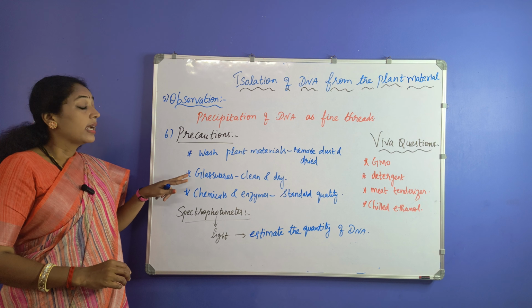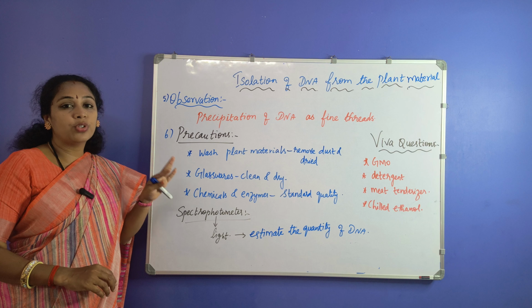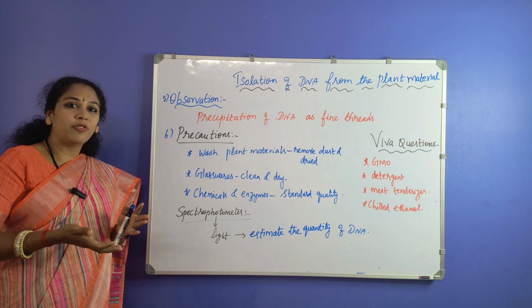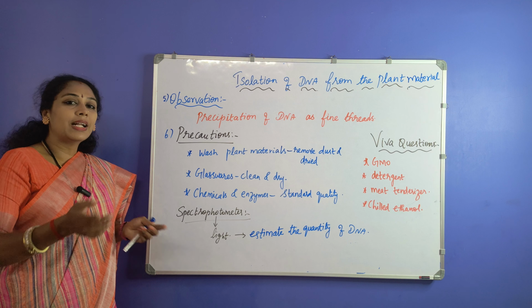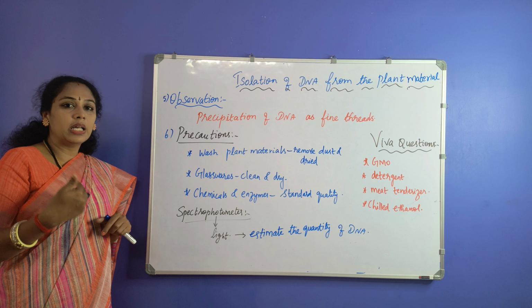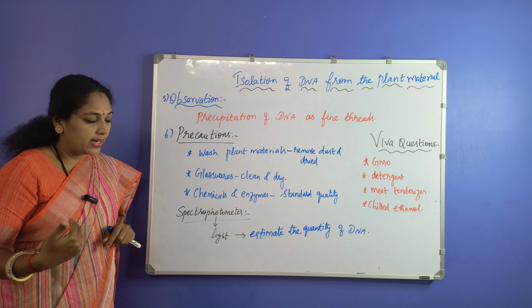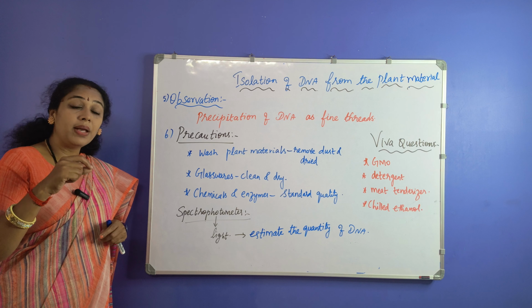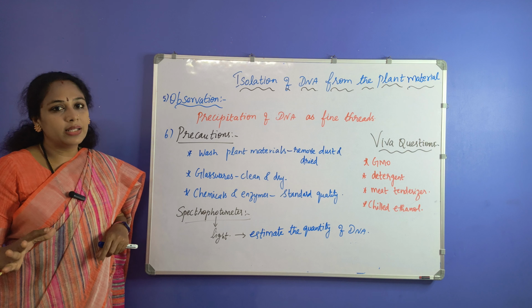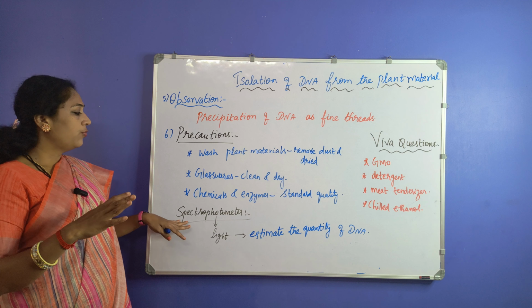The glassware you take for the experiment should be clean and dry. It should not be wet with water, as that may vary the experimental result. So you should take clean and dry glass apparatus, and the chemicals and enzymes that you use should be of standard quality.